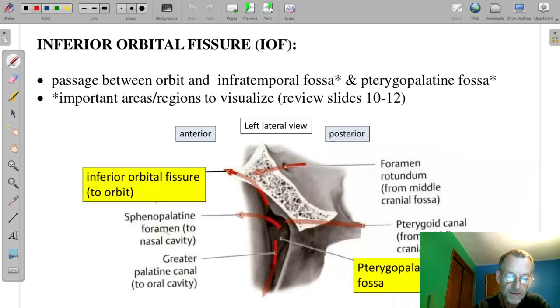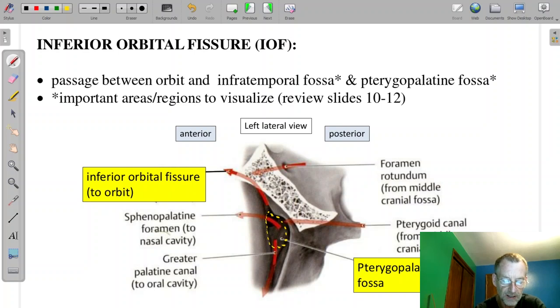Next slide. The inferior orbital fissure we mentioned was a passage. The inferior orbital fissure communicates with the infratemporal fossa and the pterygopalatine fossa. So in this figure, the yellow box is showing the location of the pterygopalatine fossa, which we've already gone over. I'm putting it in dashed yellow.